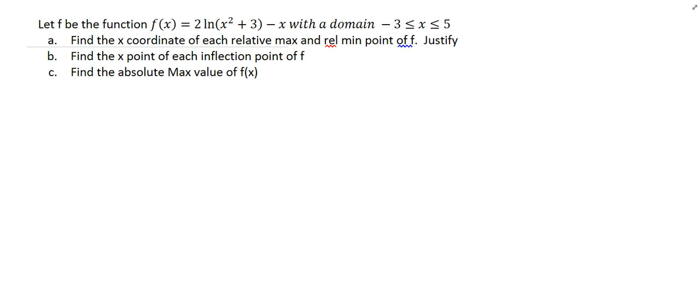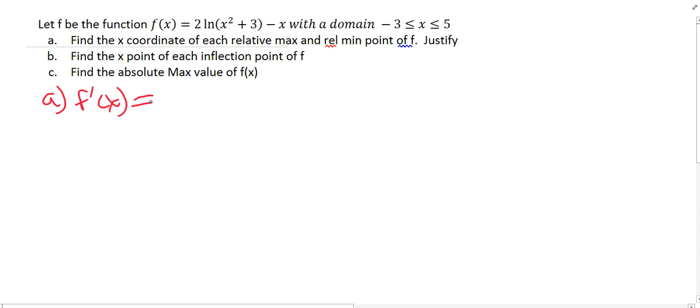So, of course, the first step would be to take the derivative. If we do that, we get that f prime of x is equal to, and recall that the derivative of ln of x is 1 over x, but we don't just have straight up x here, we have this quantity, x squared plus 3.